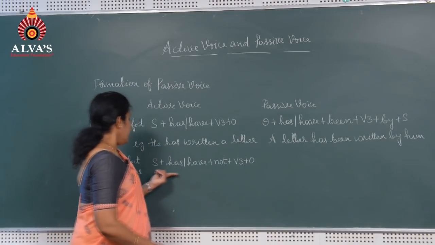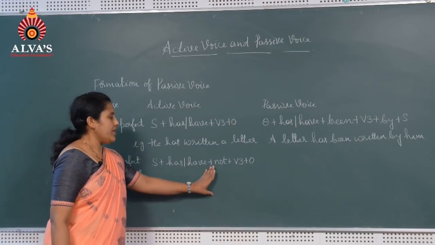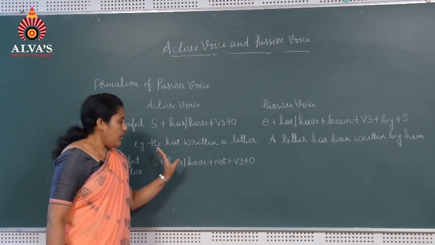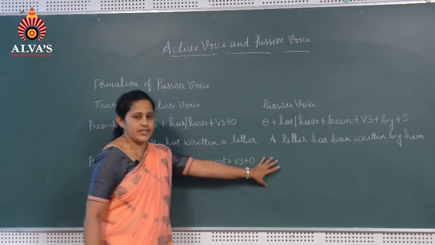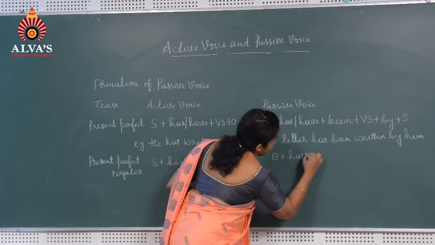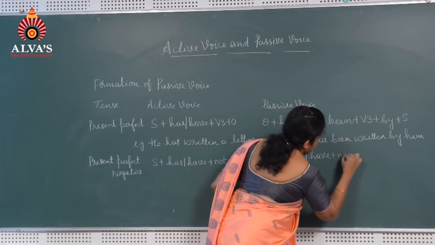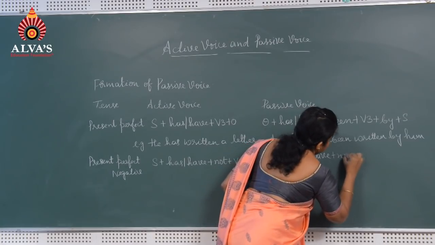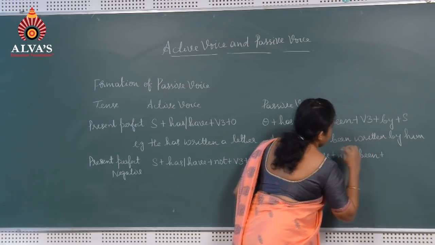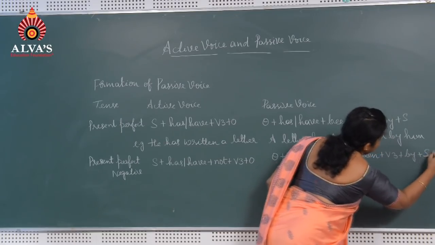So, here this is negative sentence. When we change from active to passive, you have to write object plus has or have plus not plus been plus V3 plus by plus subject.